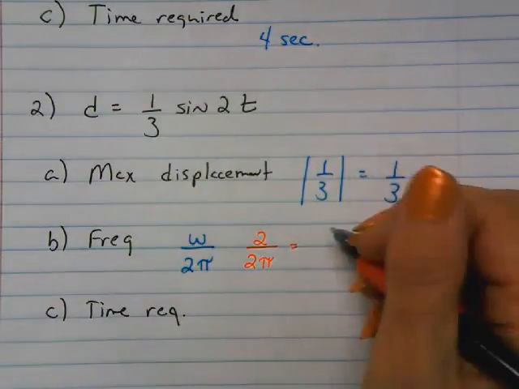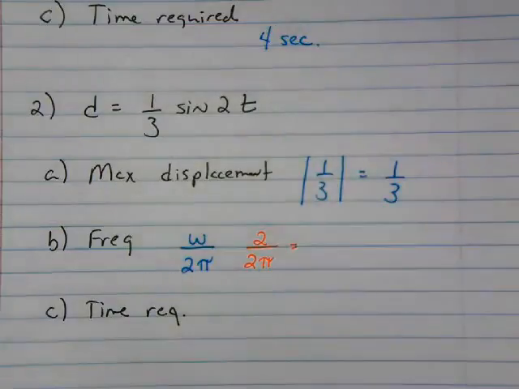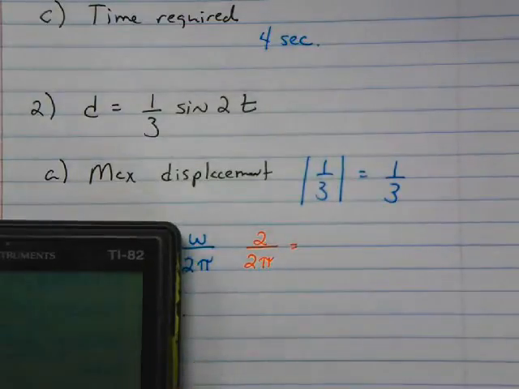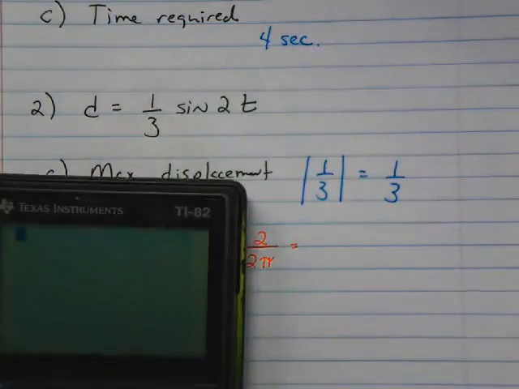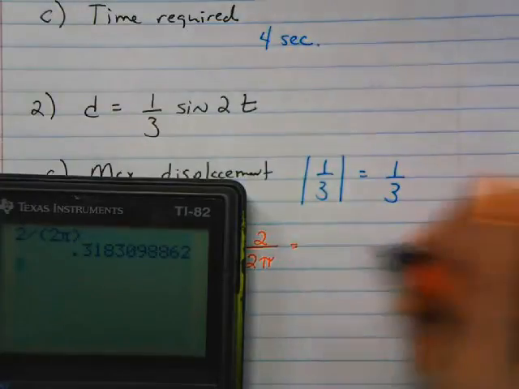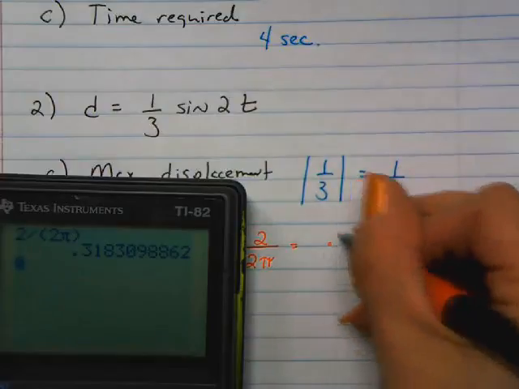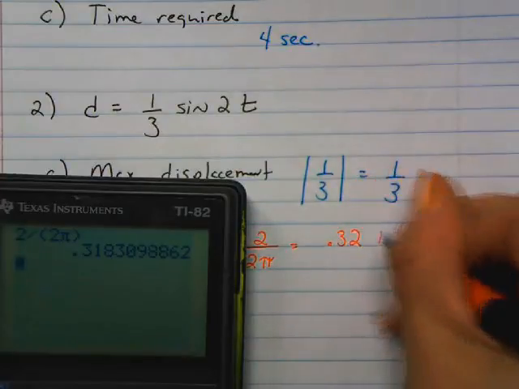So I'm going to do 2 divided by 2 pi, and use your pi button. Okay, so 2 divided by 2 pi. I'm going to go ahead and put that in parentheses just to be safe. Ooh, great day in the morning. And you get 0.32 inches per second.